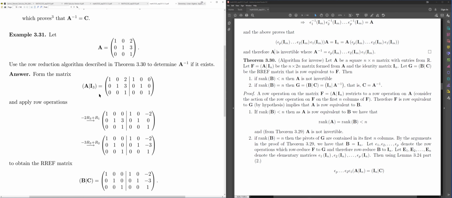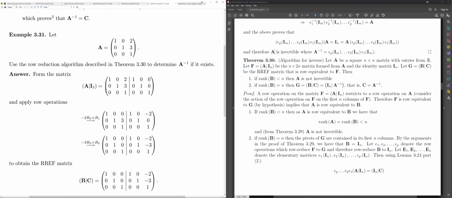So when you're doing this sort of problem and you apply your row reduction method to the entire matrix, and you end up with a row of zeros just on the left hand side, then you can stop. In this case, your matrix is not invertible.